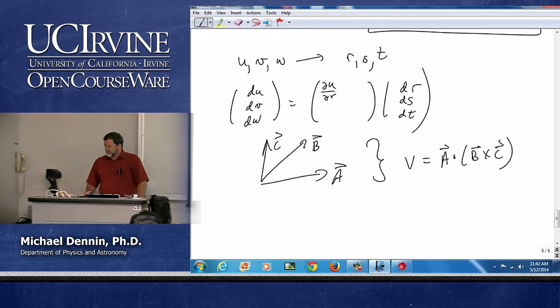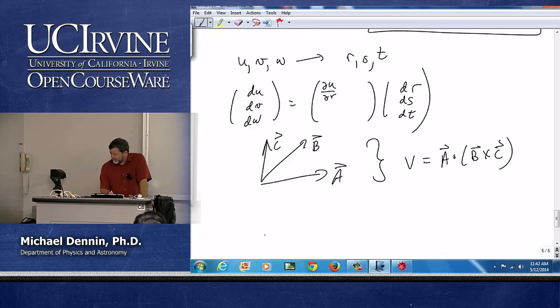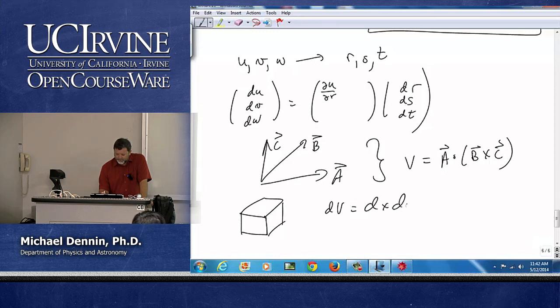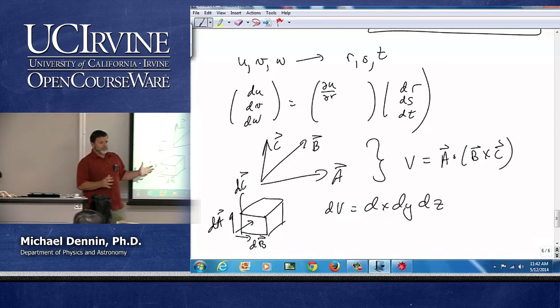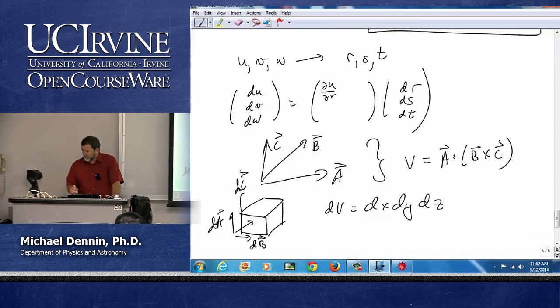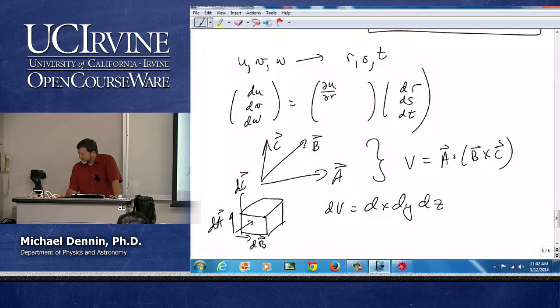So if you look at it in a little bit of detail, and let's think now in terms of some volume chunk sitting in space, the volume element in Cartesian coordinates is easy. It's dx dy dz. So if my u, v, w are x, y, z, this is easy to think about. And my other vectors, dA, dB, and dC, they might be aligned in some arbitrary direction, my new coordinates.